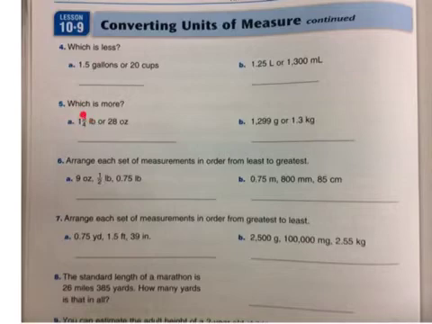So it will be 12 here. So we have in ounces, what's 16 plus 12? Is it more than 28? Okay, you go ahead and tell me. Try that with the rest, okay, boys and girls? And we will check these in class and try to make sense of all of them.